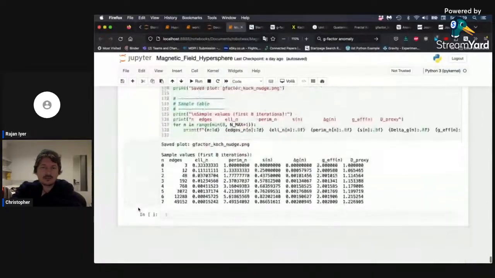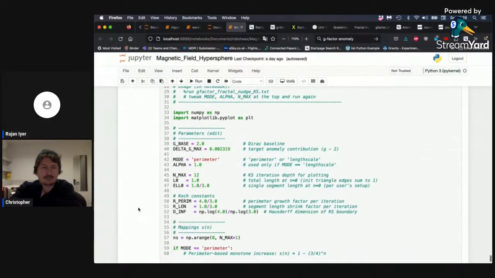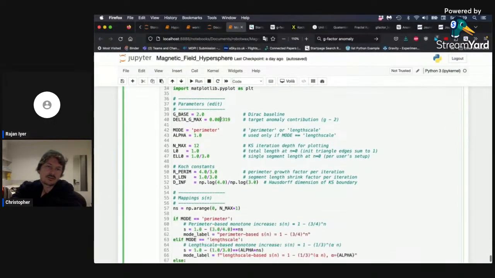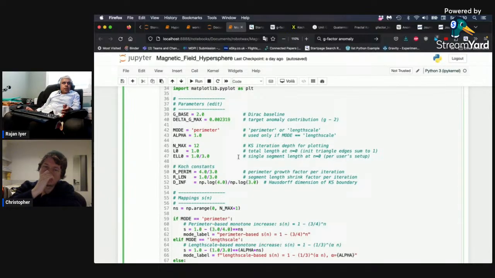So if we look at this, here's the target anomaly and the Dirac baseline, and the concept here is that as we shrink in size, get closer to the limit of an electron size, which we'll call 0 in this case because of the speed of light issue around orbiting, the surface of an electron needs to be 0 extent from that point of view.